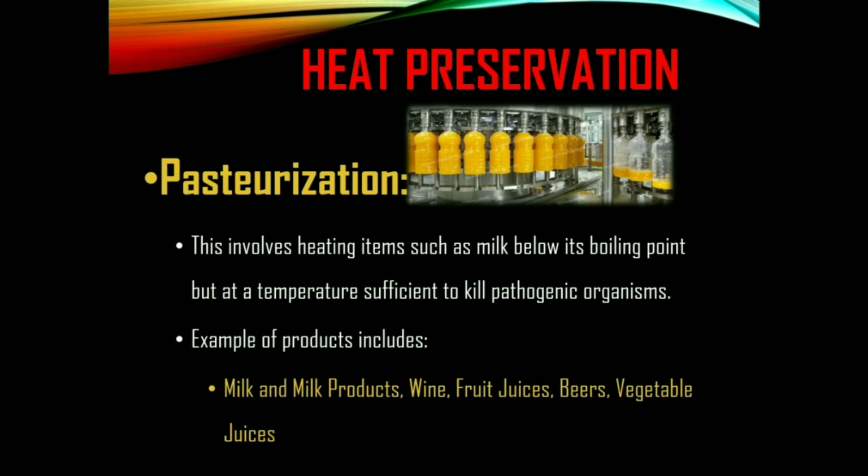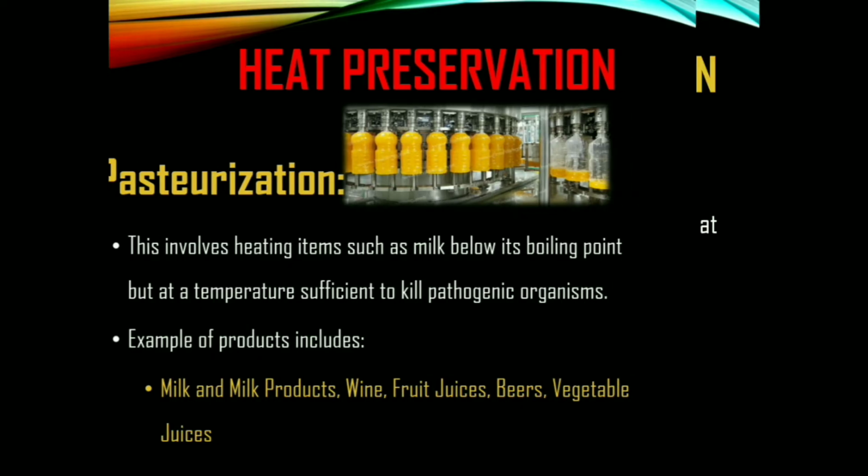This involves heating items such as milk below its boiling point, but at a temperature sufficient to kill pathogenic organisms. Examples of products include milk and milk products, wine, fruit juices, beers, and also vegetable juices.